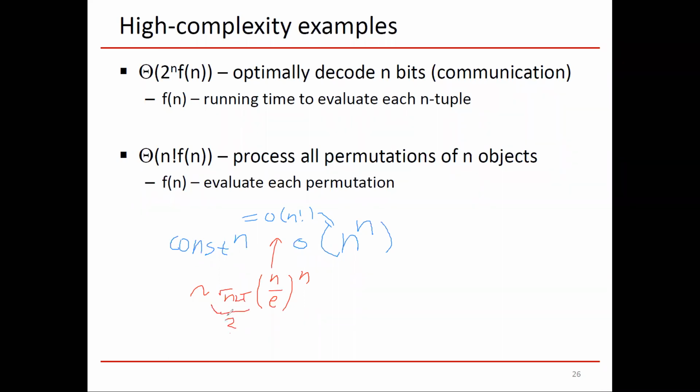I'm just putting a question mark, but it's basically n divided by e to the power of n with correction terms that are no more than linear in n. And n divided by e to the power of n is clearly less than n to the power of n, because we're dividing by e to the n. And on the other hand, it's clearly more than any constant to the power of n, because n to the power of n dominates the constant. So high complexity, medium complexity, low complexity.